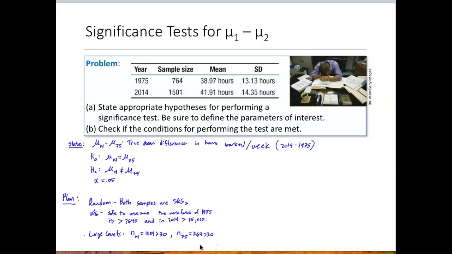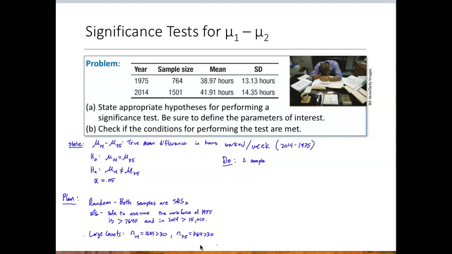All right. So let's do, and this is going to be a 2 sample. What kind of a test?